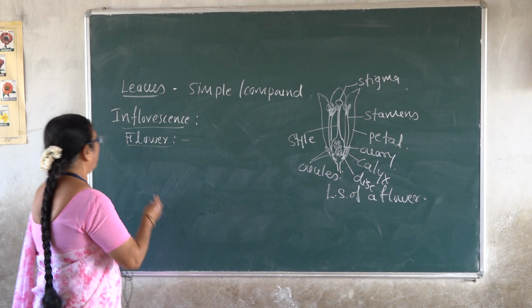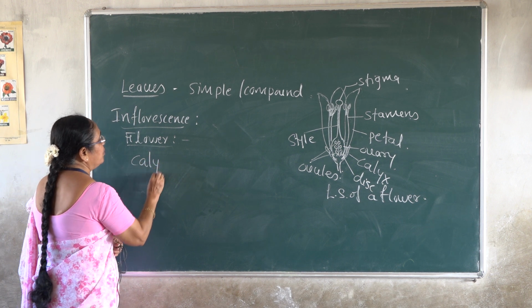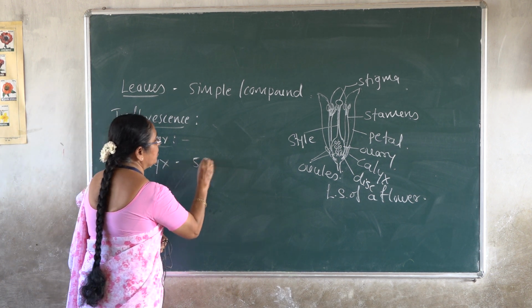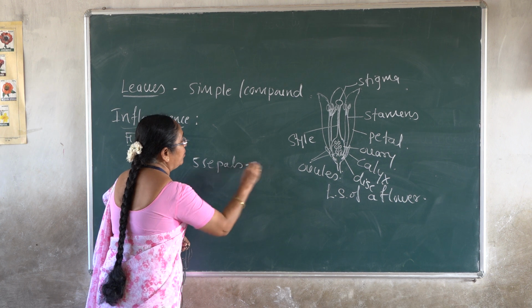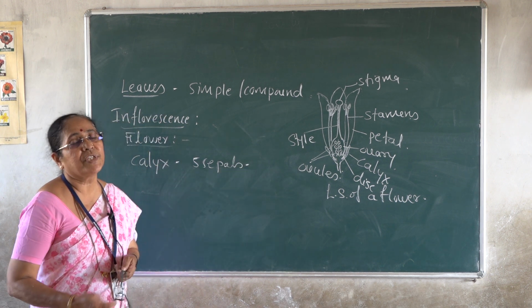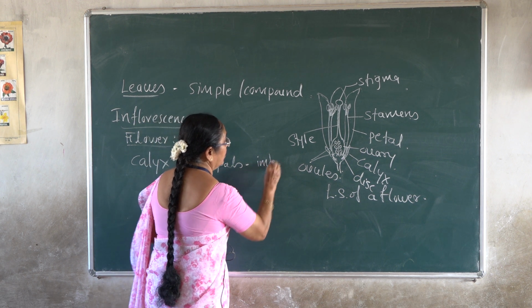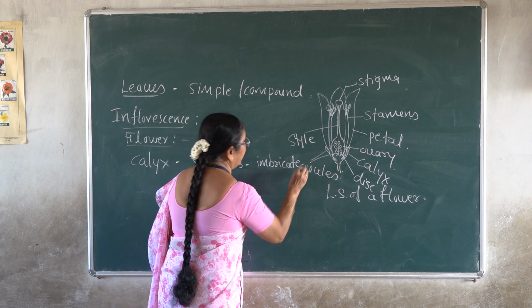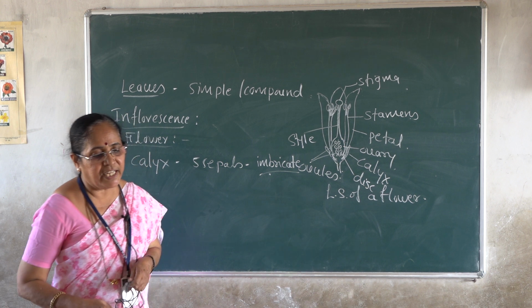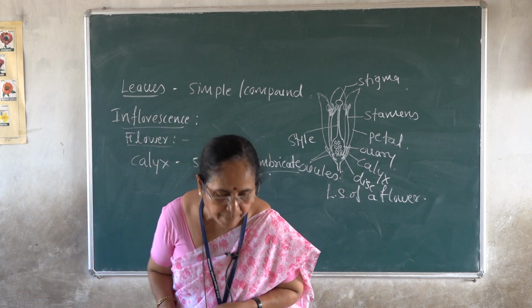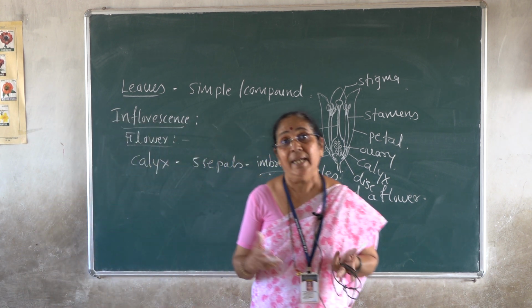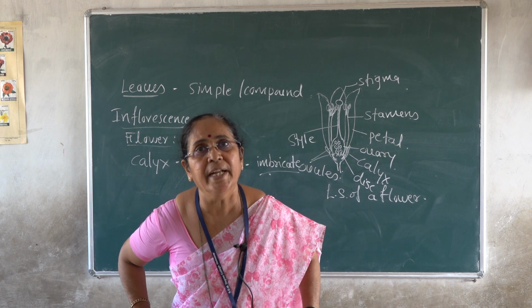Now the calyx of the flower. The calyx is made up of 5 sepals, which are free or slightly fused at the base, with valvate or, generally, imbricate estivation.